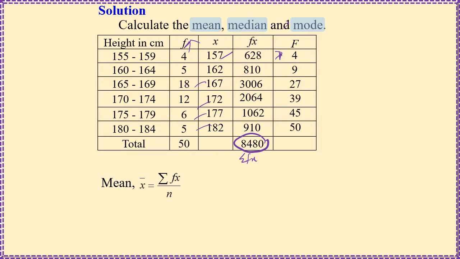Later in the tutorial, I will show you how to find it by using a calculator. If we have discussed the tutorial for the ungrouped data, I will show you also, so you know already how to find the summation of fx directly by using a calculator. So in examination, oh no, we don't have exam for this topic.